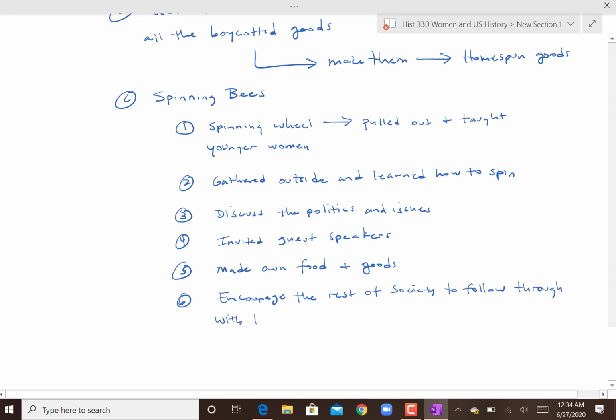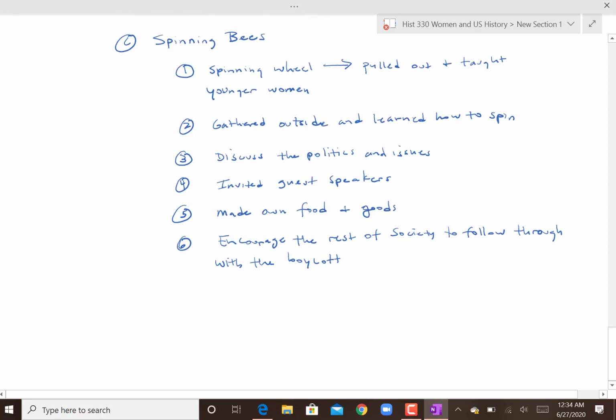Again, if women weren't involved with this, the boycott would have never worked, because boycotts only work when you have enough people stopping something to create a significant economic impact that gets the attention of whoever you're boycotting, and is long enough that they realize that they have to make concessions because they can't keep going.